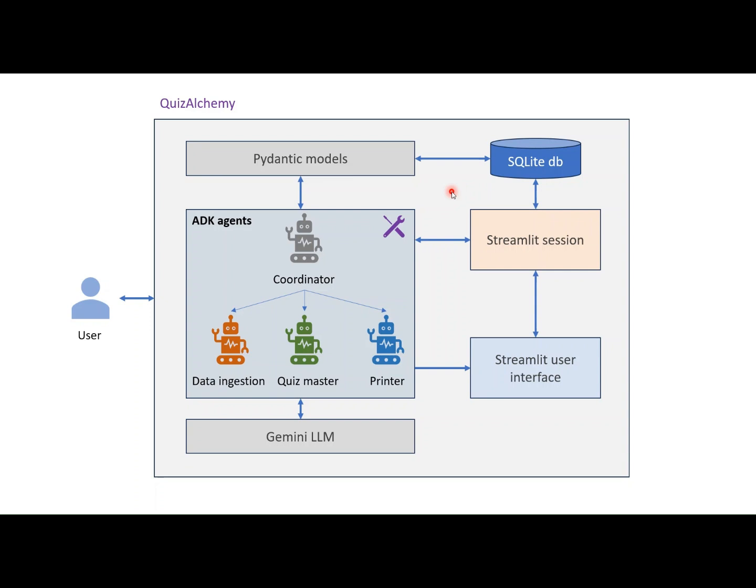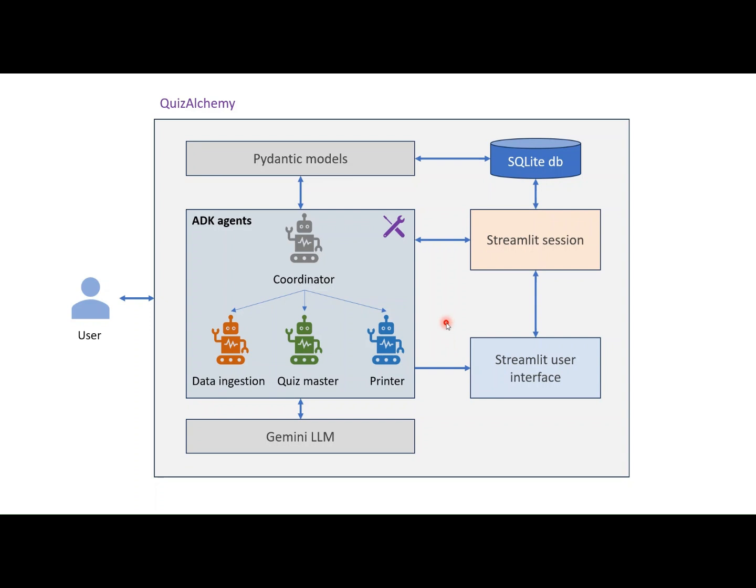Also, we use Streamlit to build a front end. The agents interact with the user interface in two different ways broadly. First, they can do some direct modifications to the UI, for example, displaying text output. On the other hand, there is also a need to display certain UI elements, for example, radio buttons and submit buttons.